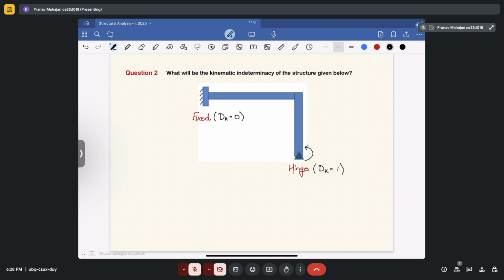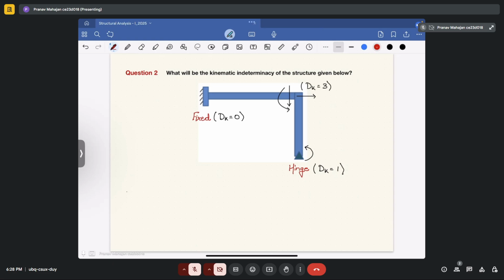Now if I talk about the joint between the vertical and the horizontal member, you can see horizontal and vertical reaction both are possible, and in addition to that you can also have rotation. So in this case your degree of kinematic indeterminacy will be equal to 3.